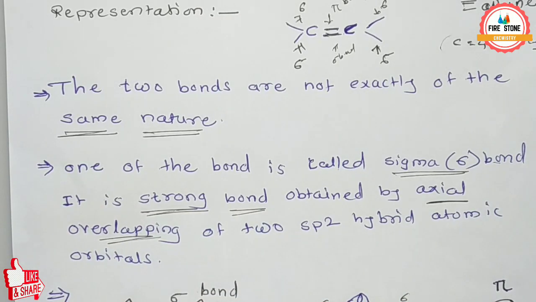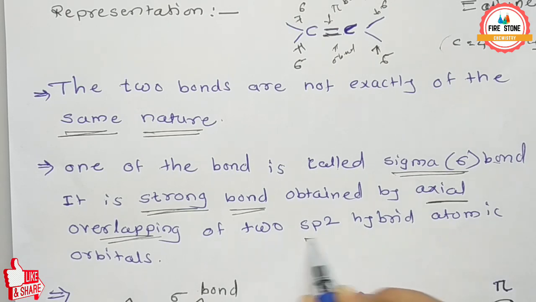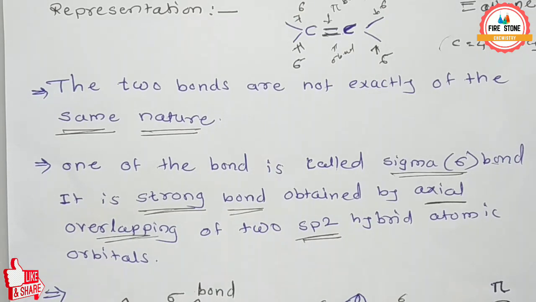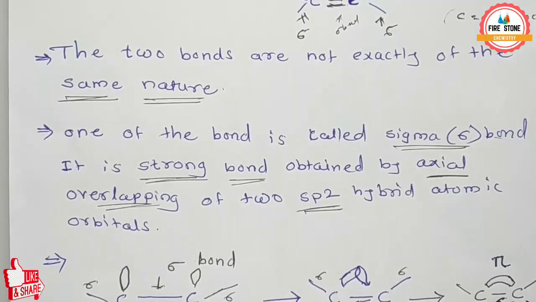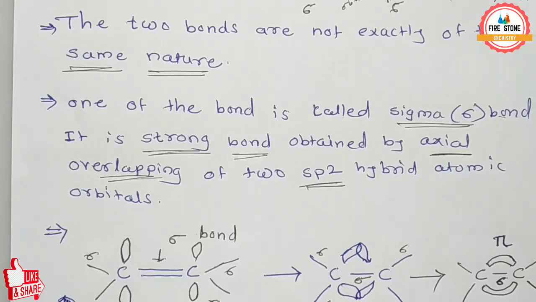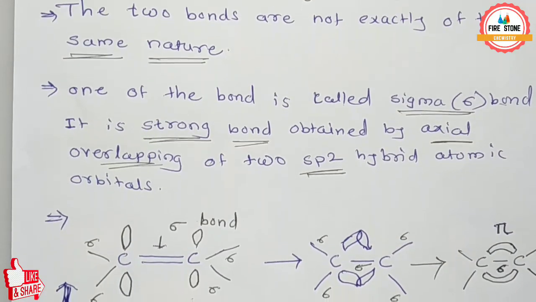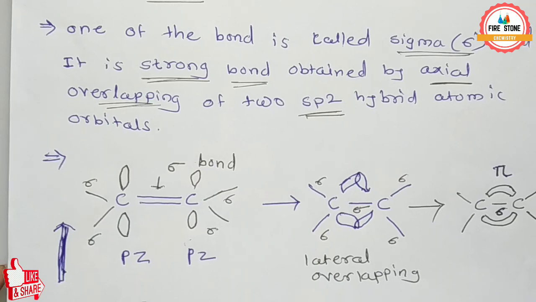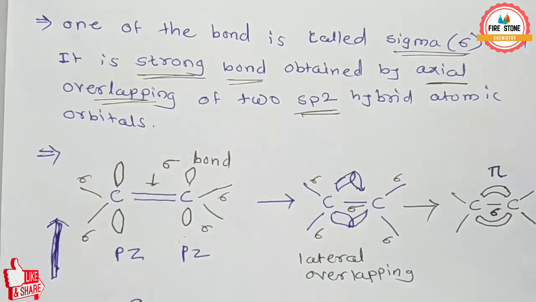Here one is the sigma bond and one is the pi bond. The sigma bond is a strong bond obtained by axial overlapping of 2 sp2 hybrid atomic orbitals. These atomic orbitals are sp2 hybrid orbitals. Here the overall representation of the molecule is shown like this.